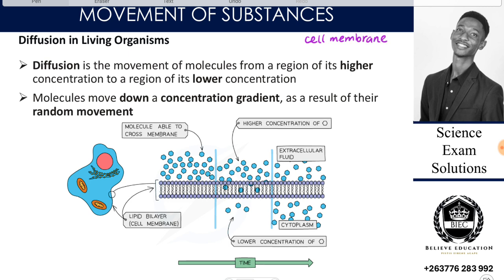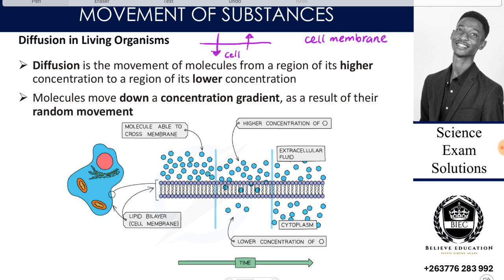When we looked at this cell membrane, we said it allows certain substances to get into the cell and other substances to go outside the cell. So which means that this is movement of substances.